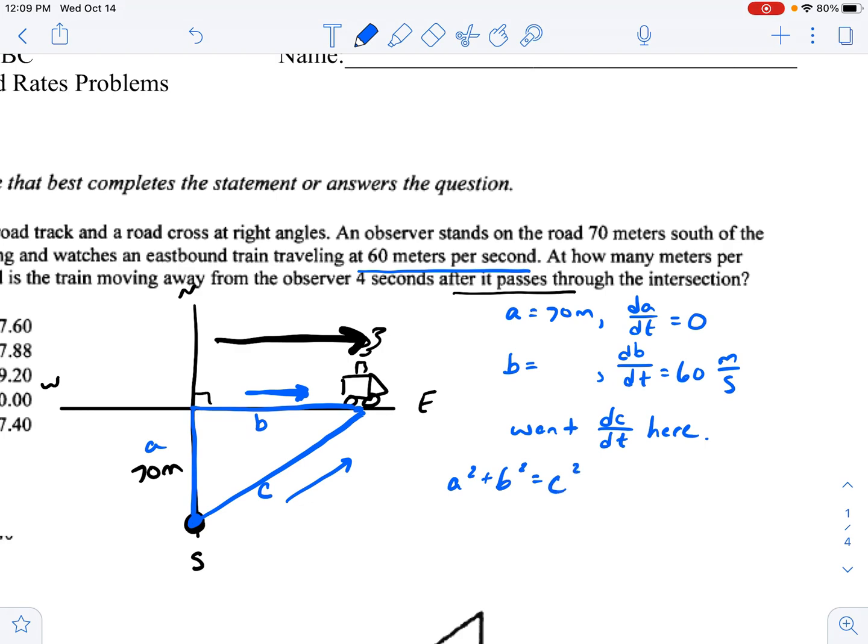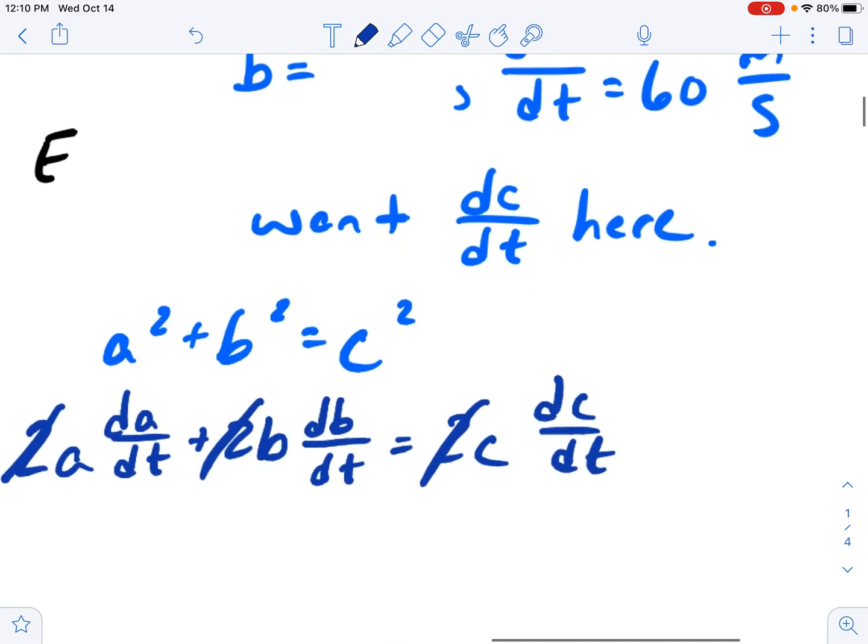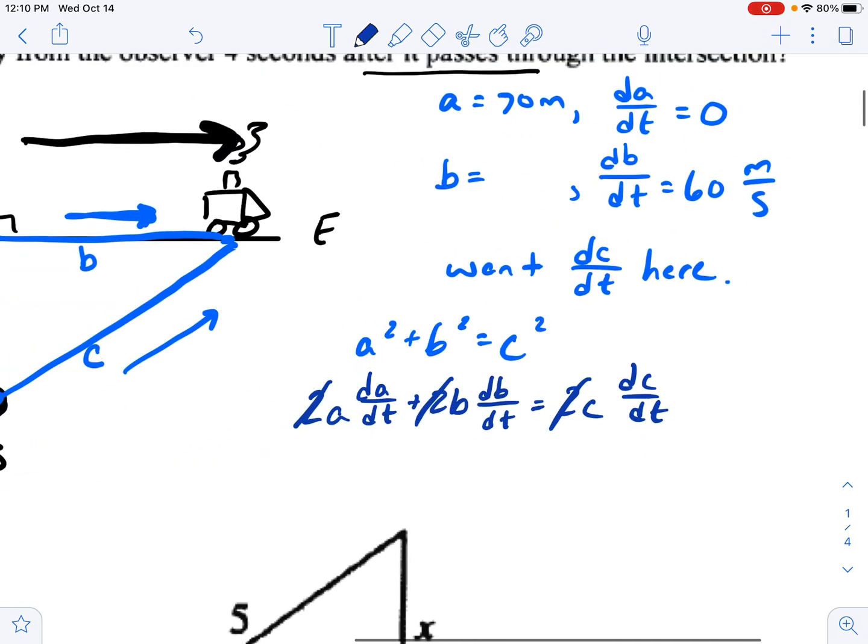A squared plus B squared equals C squared. Taking the derivative with respect to time, 2A times dA/dt plus 2B times dB/dt equals 2C times dC/dt. And while not necessary, I am going to divide both sides by 2 just to make the computations a little easier. All right, so dC/dt, there it is off on the right.